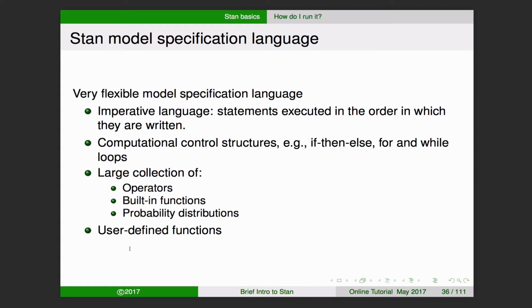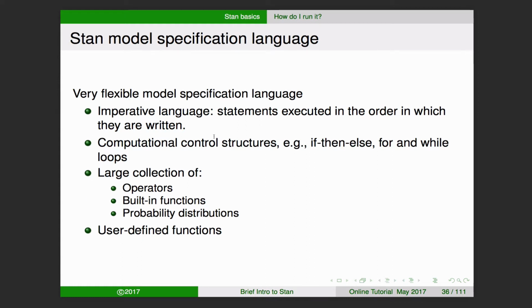It's an imperative language, which means the statements are executed in the order in which they're written, like most languages you're probably used to using, things like R and C. I mainly specify this because that's in contrast with another commonly used Bayesian modeling platform, BUGS, and its WinBUGS, OpenBUGS, and JAGS, because that model specification language is a declarative language, which allows you to specify your statements in almost any order, but one consequence of that declarative structure is it makes it harder to do some types of calculations.